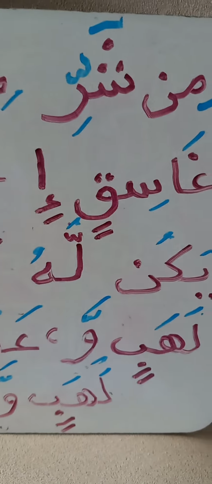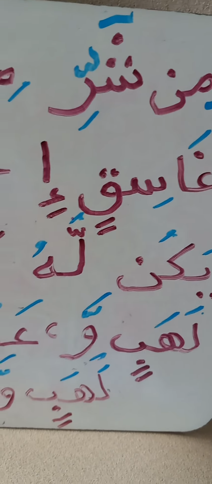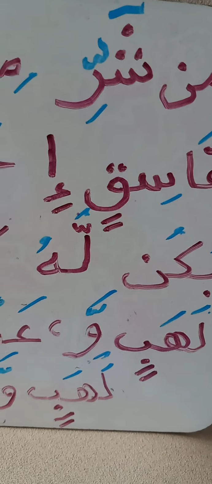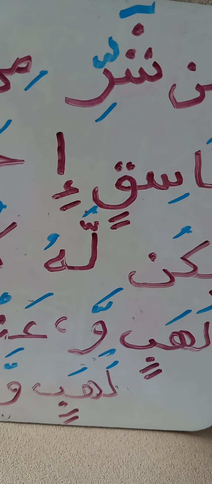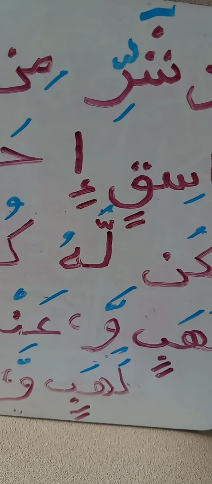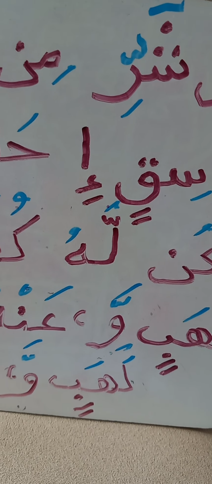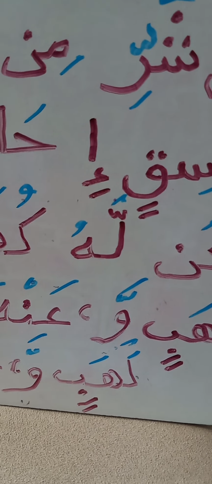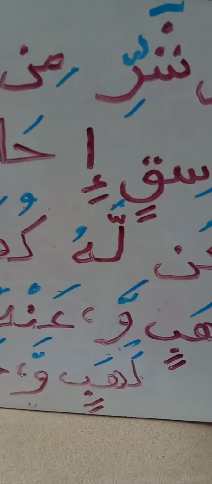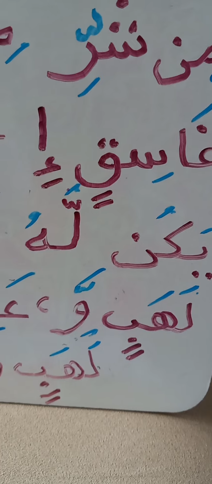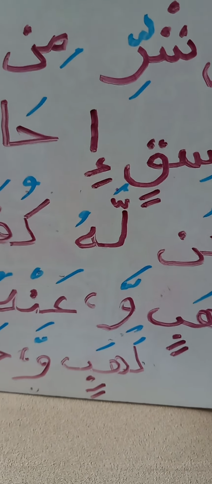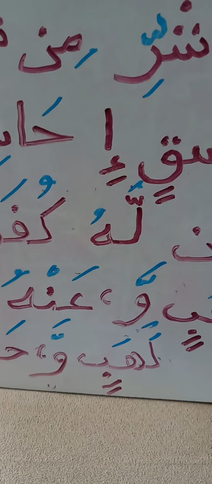قل أعوذ برب الفلق من شر. Nun Sakin, the rule of the Nun Sakin is going to be إخفاء because Sheen came after it. And Sheen belongs to the إخفاء. من شر ما خلق ومن شر another Sheen. غاسق إذا. That is going to be إظهار. غاسق إذا وقب. ومن شر.